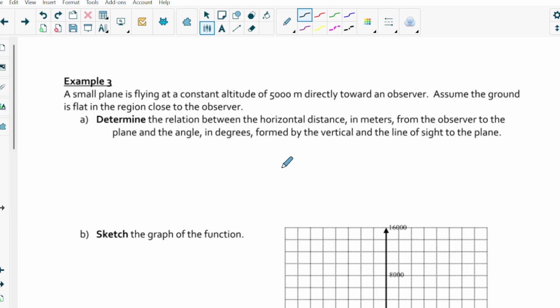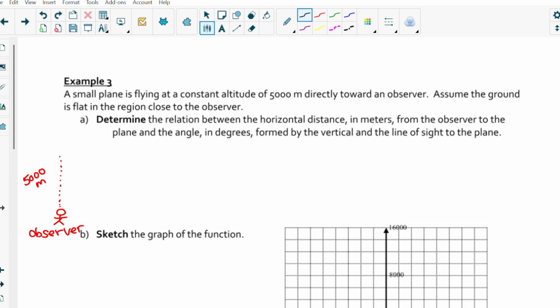Okay, so let's think about this. Here's the observer, and constant altitude of 5,000 meters, so 5,000 meters.